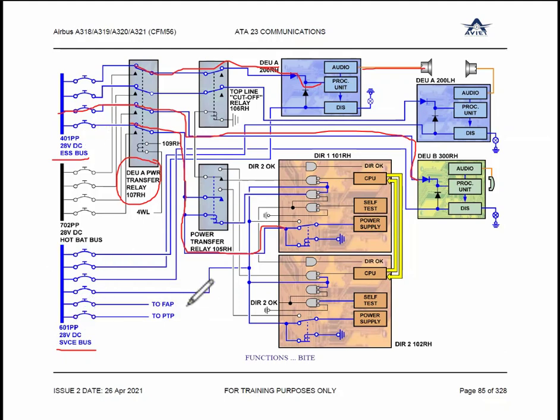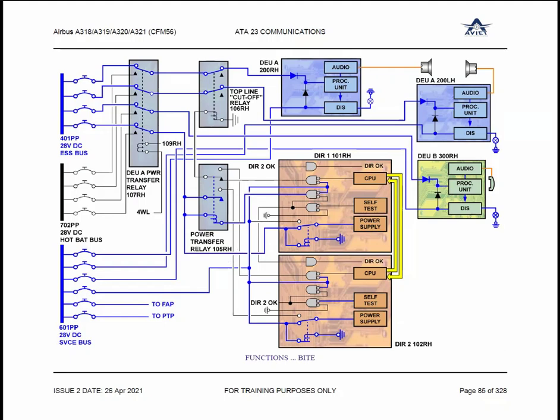Other components, which are the FAB, PTP, other non-essential DUB, DUA, and director, they are supplied from service bus. I hope this is clear. It means, by and large, everything is powered when the buses are available. Whether essential or service bus is supplying, it doesn't make any difference. You have everything powered up.